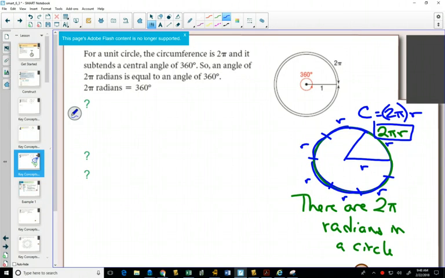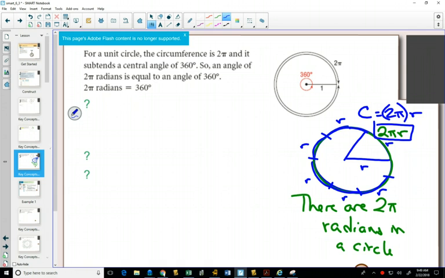And so when we're trying to figure out, well, if every radius is 1 radian, then that means that there are 2 pi radians in a circle. And that's powerful because we can now use this idea to convert between radians and degrees. Because now we have a way of comparing them.